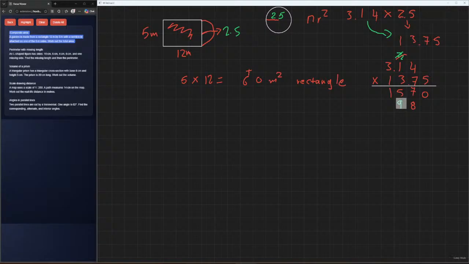Oops. 3 times 21. 3 times 4 is 12. And 3, 4. 3, 3 is 9. Now we write the 4, 1, and 3.